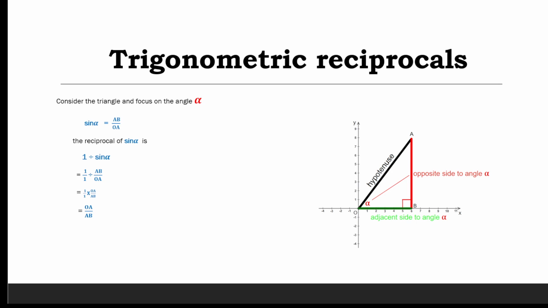So in short, the reciprocal of sine alpha is OA over AB. OA is the hypotenuse, and AB is the opposite side. The hypotenuse over the opposite side of angle alpha is cosec alpha, and therefore the reciprocal of sine alpha is cosec alpha.